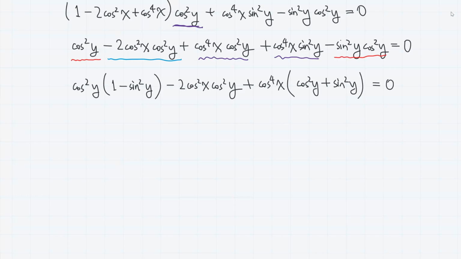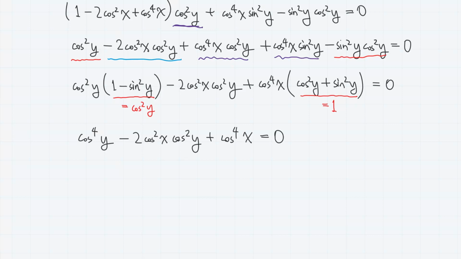And this equals 0. Here, 1 minus sine squared y equals cosine squared y, and cosine squared y plus sine squared y equals 1. So we have cosine to the power of 4y here, minus 2 cosine squared x cosine squared y, plus cosine to the power of 4x equals 0.